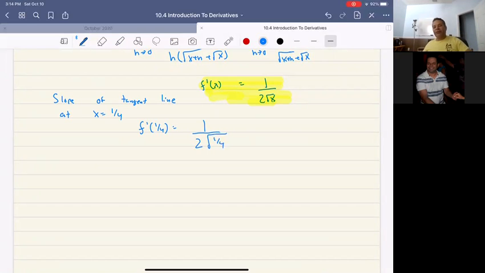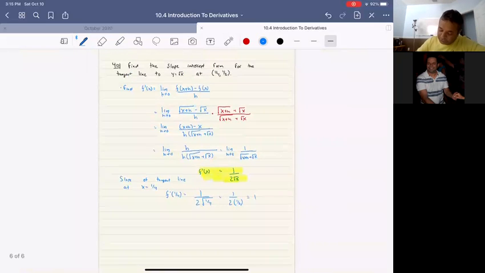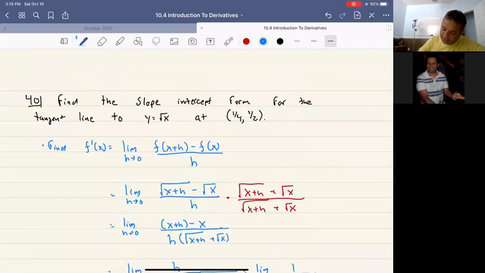But what's the square root of 1/4? That's right, it's 1/2. 2 times 1/2 is 1. That's going to be 1. Okay, so now let's go back here. Our point is (1/4, 1/2), so that's our point on the line.